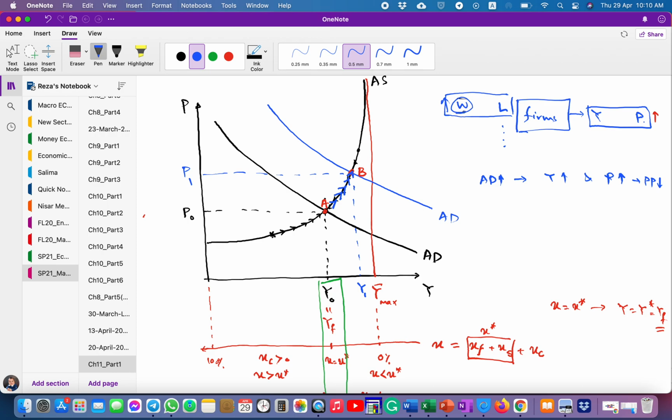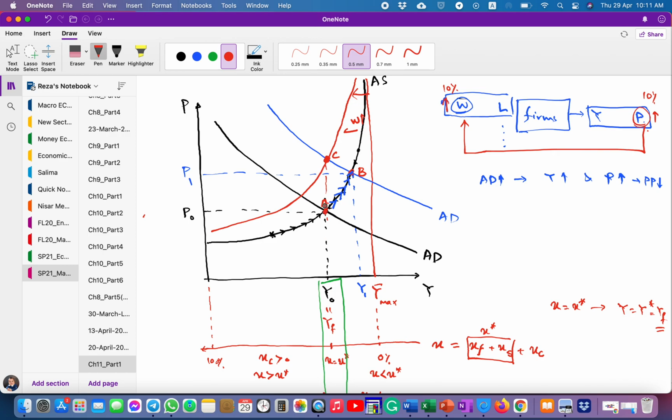But if the higher wage happens, then the aggregate supply is going to be shifted to the left as a result of the wage adjustment. So if the increase in prices is leading to an increase in wages, the aggregate supply is going to shift to the left, and then we are moving from point B to point C. Usually if it is a 10% increase here and a 10% increase here, then we are exactly producing what we used to produce.